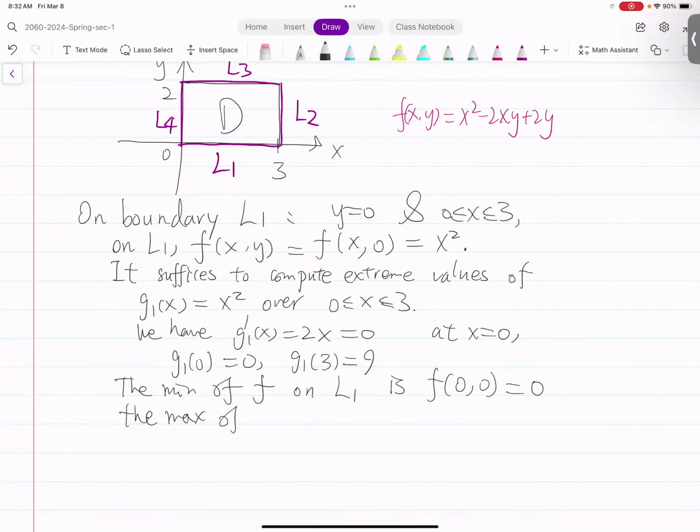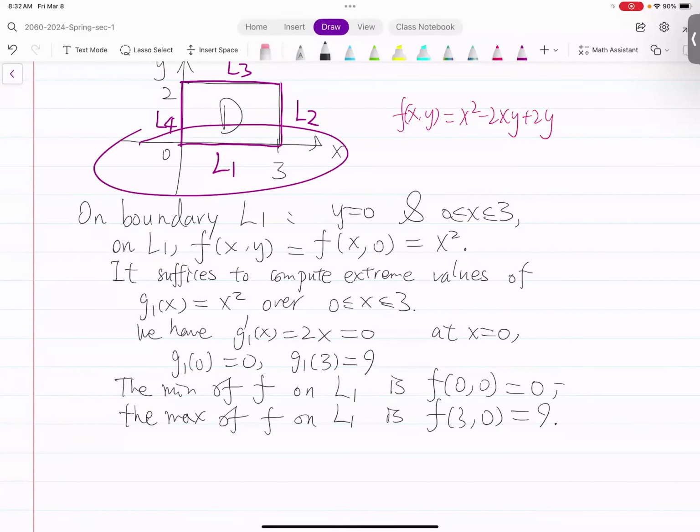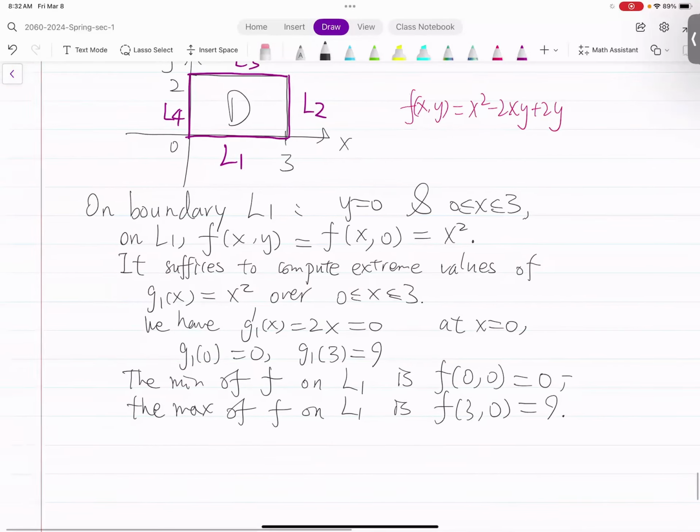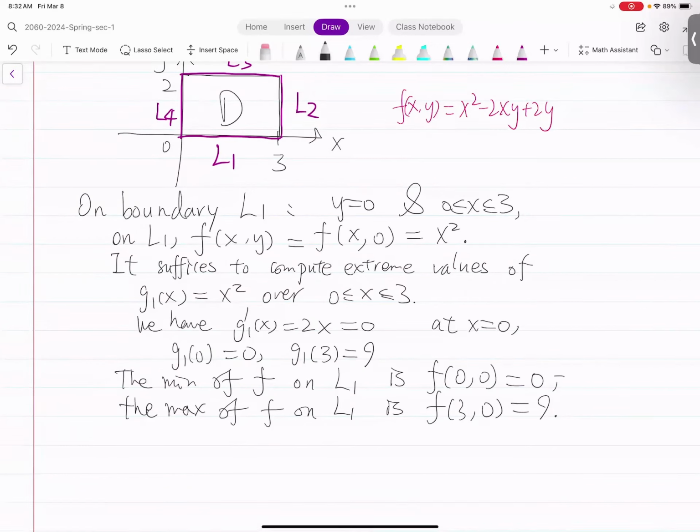And the maximum of the function on the same boundary is at x equal to 3, y still 0. So that's the behavior on this boundary L1 at the bottom. So far so good. That's actually not complicated, but we just have to be systematic and do it for every one.